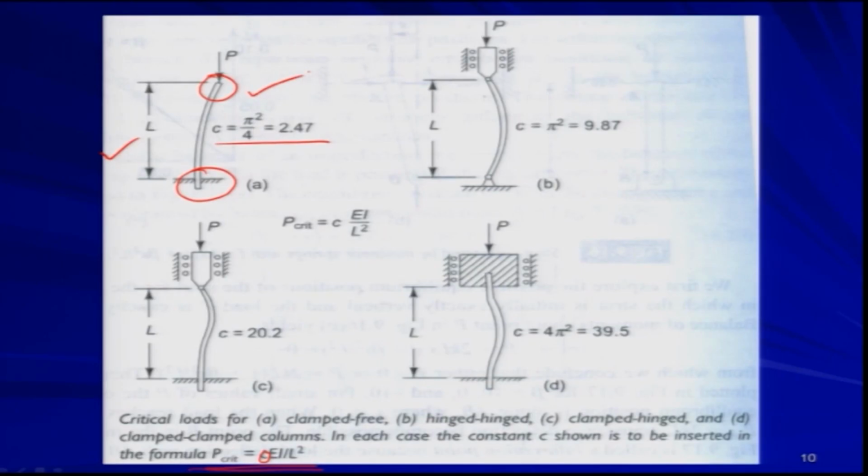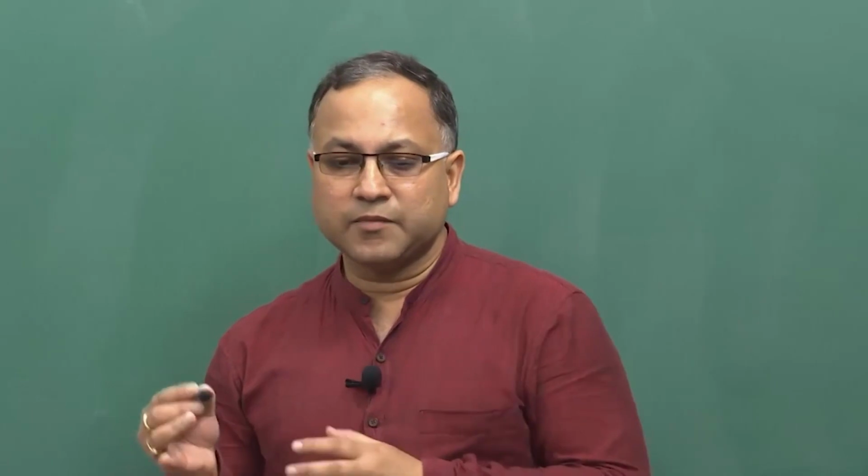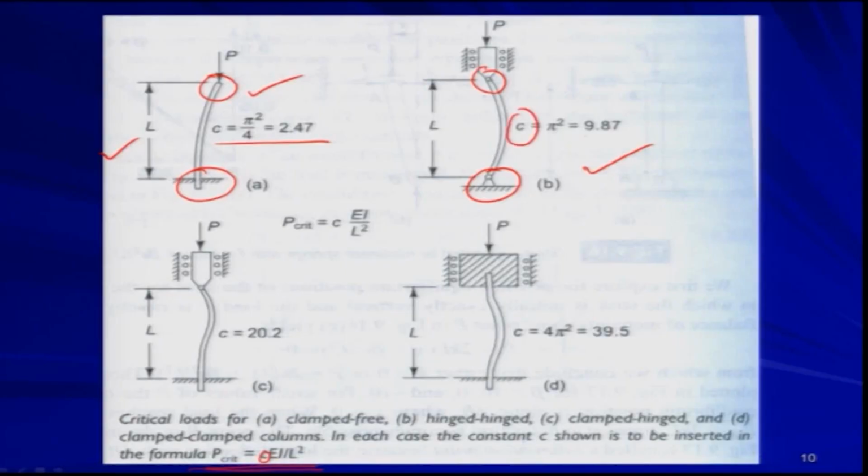Now, if you change the boundary condition and come to this one, this end is hinged, not clamped, that means not fixed. This end is also hinged. If you change the boundary conditions like that, then your coefficient C will take the value pi square. That you can prove. Similarly, if one end is clamped and another end is hinged, then your coefficient will take the value of 20.2.